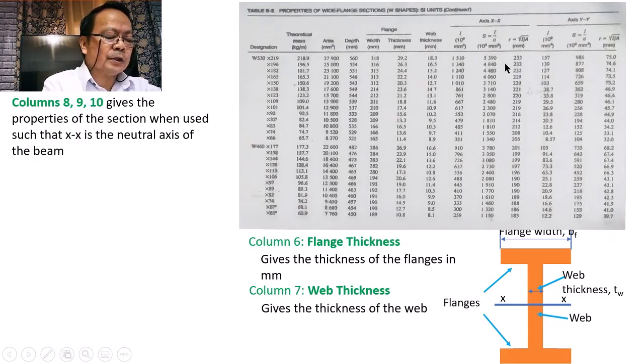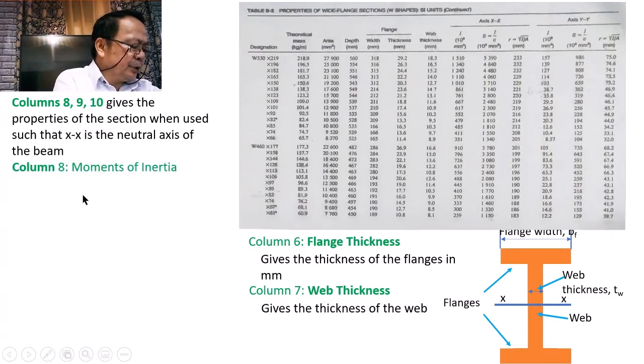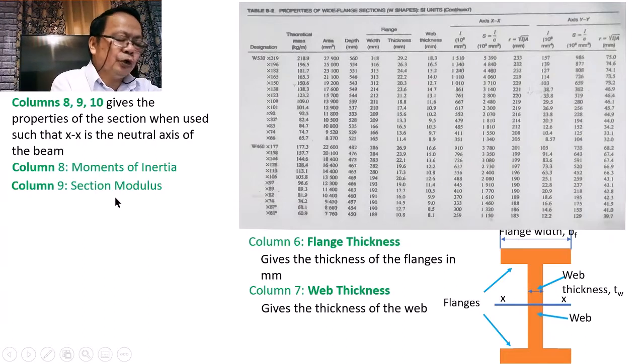Diba? Na kung saan yung column 8 natin, yun yung kanyang moment of inertia with respect to this axis of the entire section. Itong entire section na ito. Diba? And ito namang next column, column 9, gives us the section modulus. Ito yung tinatawag natin section modulus na kung saan ang kanyang definition is the ratio of I over C.